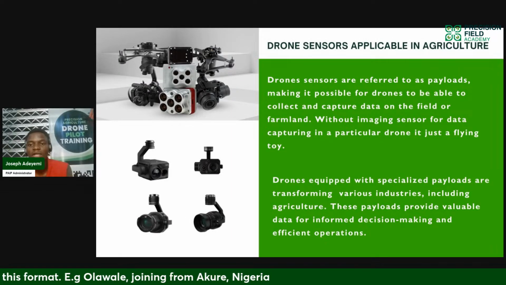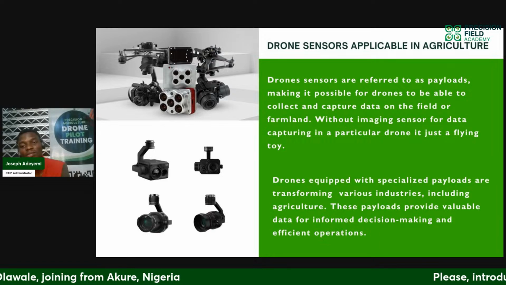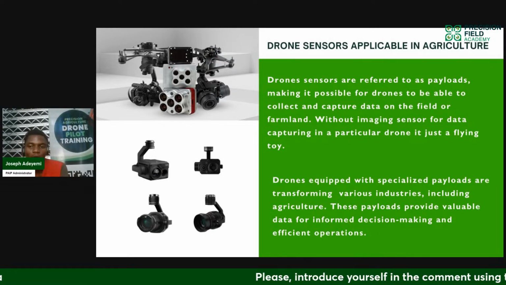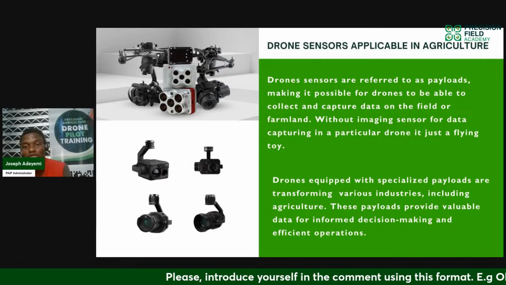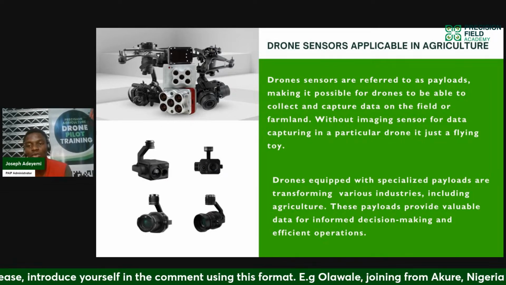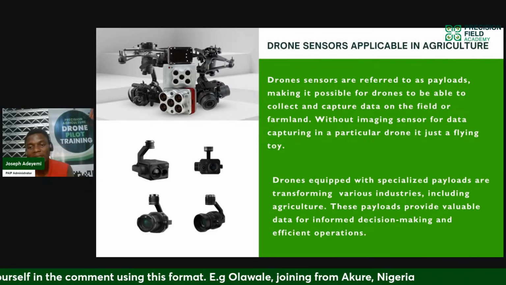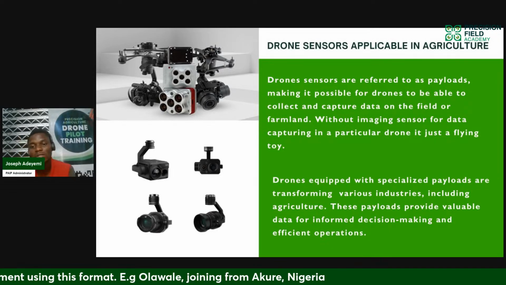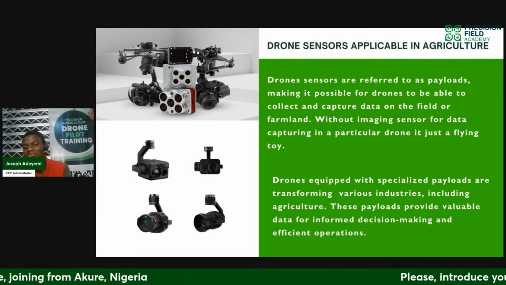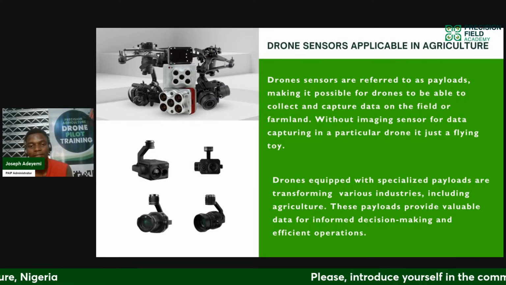All right, so what are the drone sensors applicable in agriculture? Drone sensors are referred to as payload, making it possible for drones to collect and capture data on the field or farmland. Without imaging sensors for data capturing, a drone is just a flying toy.